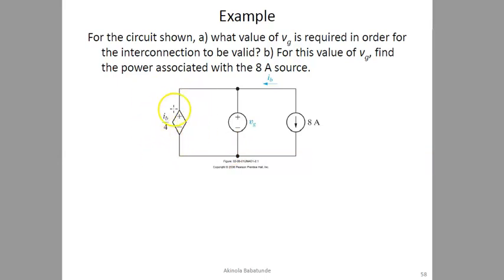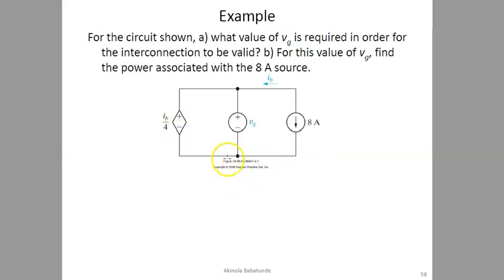Since this voltage is -2 volts, and we said VG has to be equal to the voltage here because they are connected in parallel, VG would be equal to -2 volts. In the question, they asked what value of VG is required in order for the interconnection to be valid. For this interconnection to be valid, VG has to be equal to -2 volts.